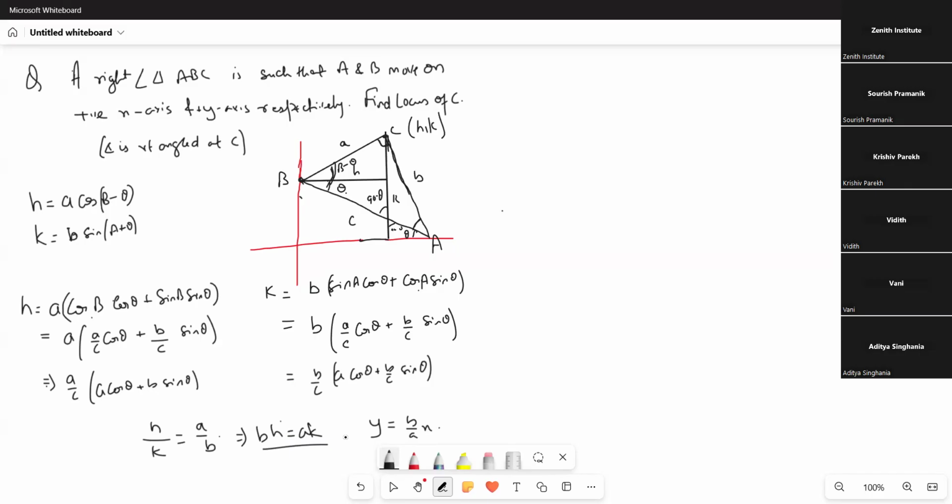So the locus of c will be a straight line. The answer is the locus is a straight line. Was everyone able to follow the question?